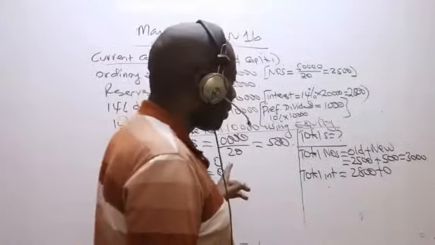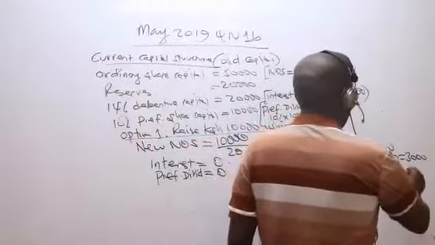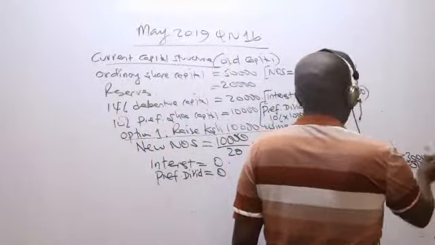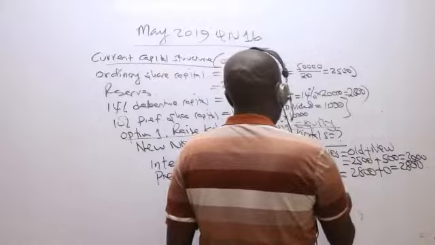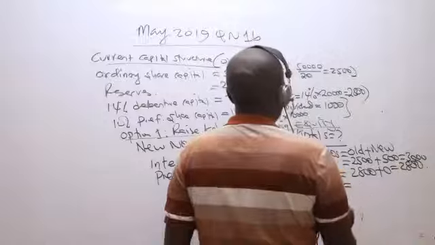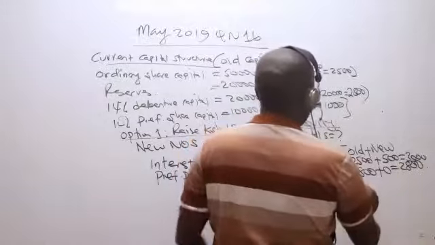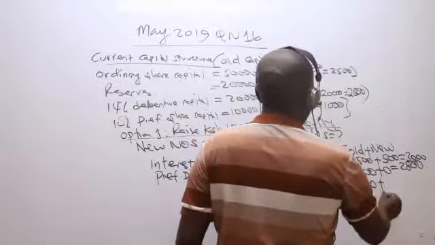So 2,800 plus 0 gives me 2,800. And then we have the last one, which is total dividends. We have here 1,000 plus 0.